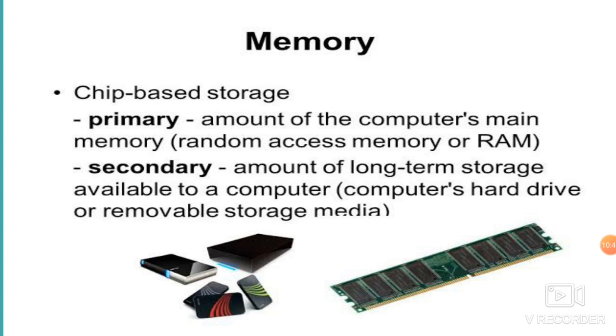Memory can be classified into two parts: the primary memory and the secondary memory. Primary memory means the memory which stores data for some time. When the system is processing the data or the instruction, at that moment the system has to store the data. That is the primary memory, like random access memory, RAM.